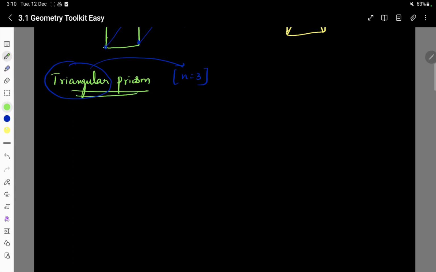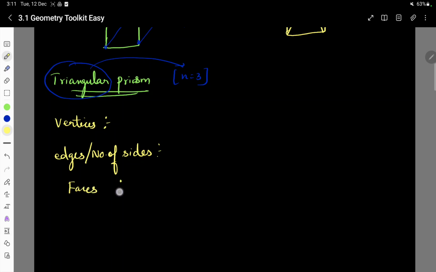So now we will see in a prism, if they ask the number of vertices, what we have to do? If they ask the number of edges, edges is nothing but the number of sides. And if they ask faces, then what we have to do? So we can see this now.